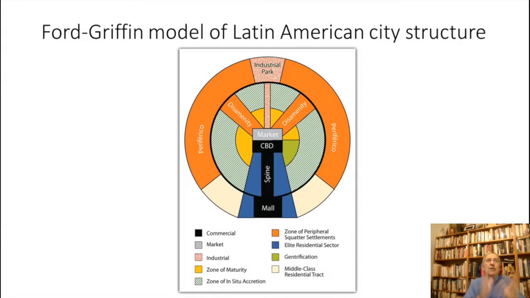You have nice neighborhoods that are being taken over by business or being subdivided into rental apartments and lower income folks moving in. But gentrification is kind of the reverse of that. It means that wealthier people are coming back because in the end, people do like to live in cities. As long as there's housing available and they feel secure and they can commute to their jobs, people want to live in cities.